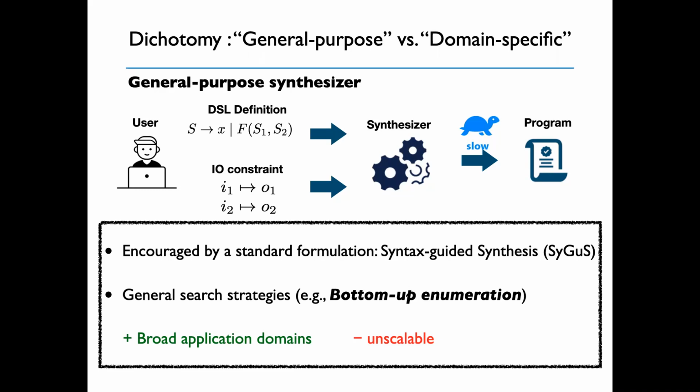Using SyGuS, the user can freely describe a grammar that defines a target DSL along with semantic constraints on the desired program. Because a target DSL cannot be fixed in advance, they often adopt a general search strategy such as bottom-up enumeration, which does not require any domain knowledge. However, as synthesis is a hard search problem, it is hard to scale without using domain knowledge.